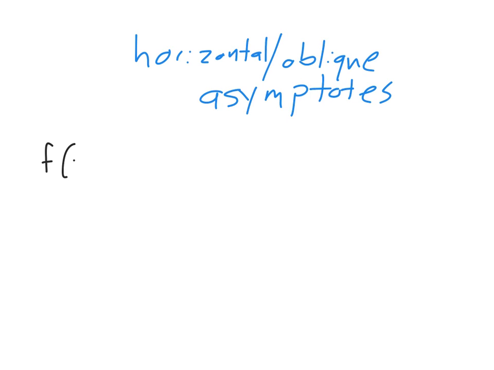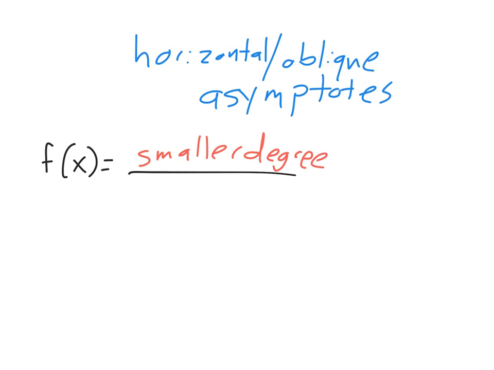So we just did a quick review about powers. This is why. Say that I have f of x equal to some rational function. There's a degree of the numerator, and there's a degree of the denominator. Let's say that the denominator has a greater degree, so the numerator has a smaller degree than the denominator.